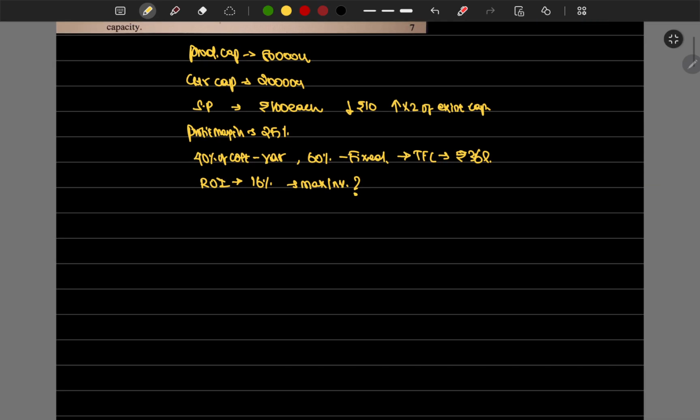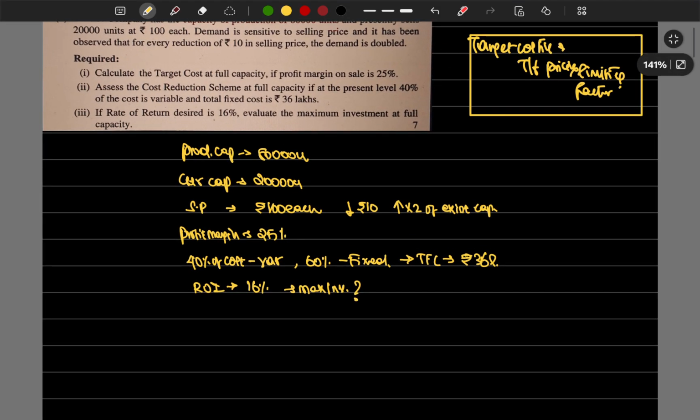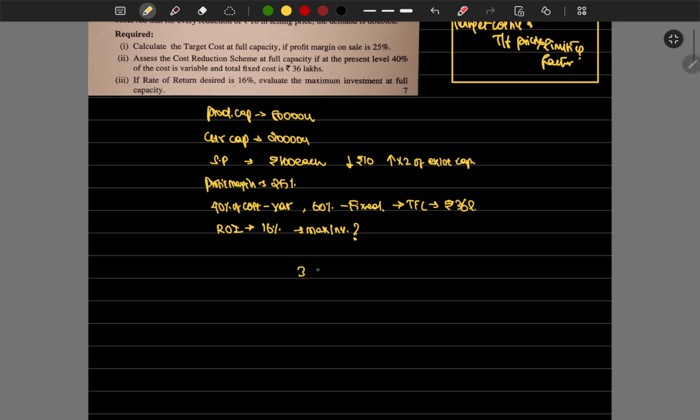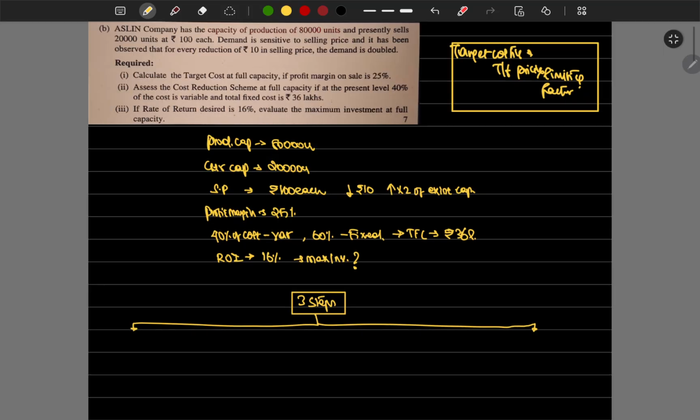Okay, so we'll solve this problem in 3 tables. Very simple problem only. Normally we would fix our selling price first, but the market is fixing the selling price now because of fierce competition.